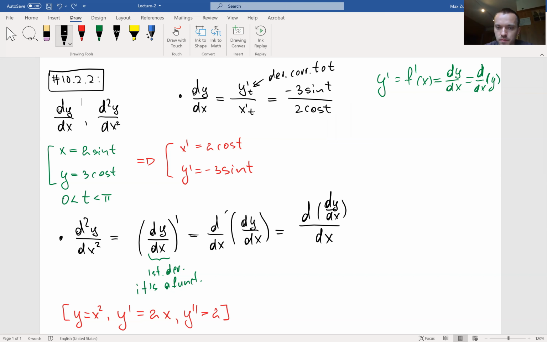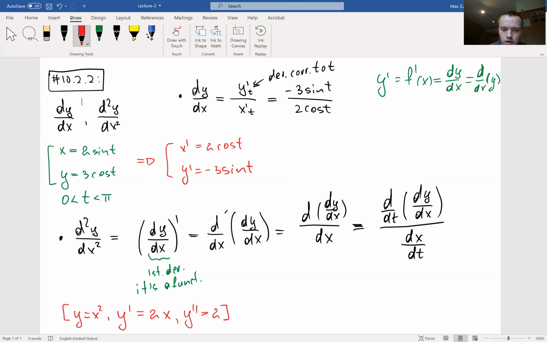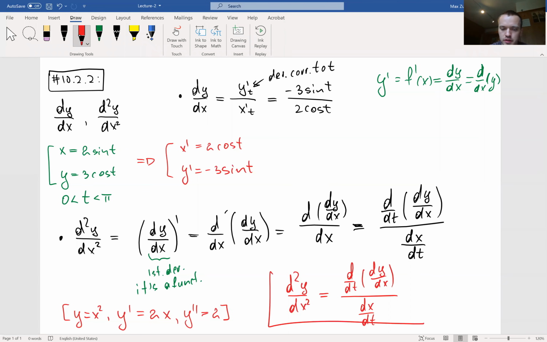So the second derivative is going to be to take your first derivative and take the derivative with respect to t, dividing top and bottom by dt. In other words, the formula for d squared y over dx squared is the derivative with respect to t of your first derivative, divided by dx over dt. And this is the red box that I talked about last time.